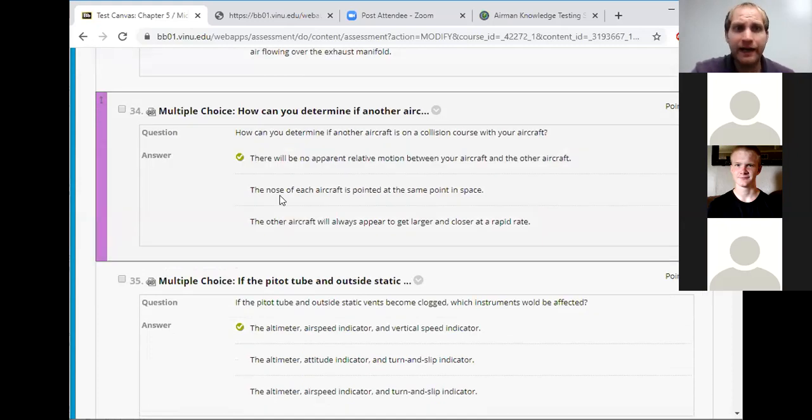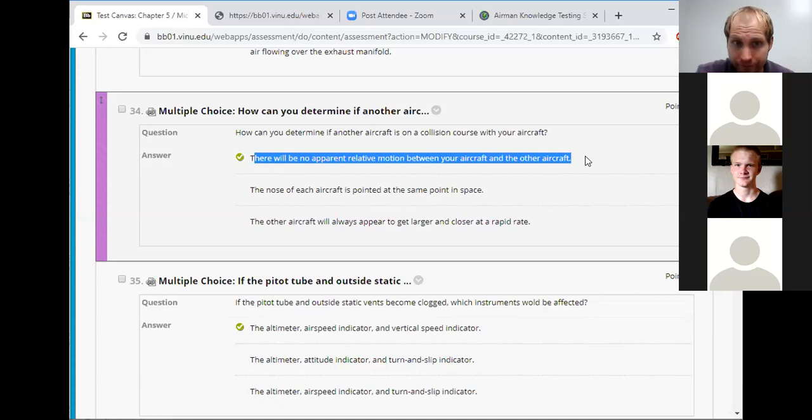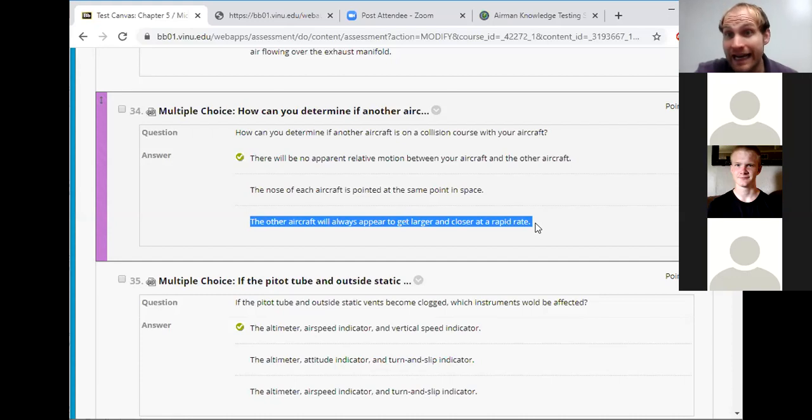How can you determine if another aircraft is on a collision course with your aircraft? I have a few of you all missing this question, and I feel like we even covered it during our review session last time. But the answer is there is no apparent relative motion between your aircraft and the other. So I have a lot of you guys choosing answer choice C. I mean, I don't disagree. Gosh, if you see an airplane getting larger and larger in your windscreen, it's a bad deal.